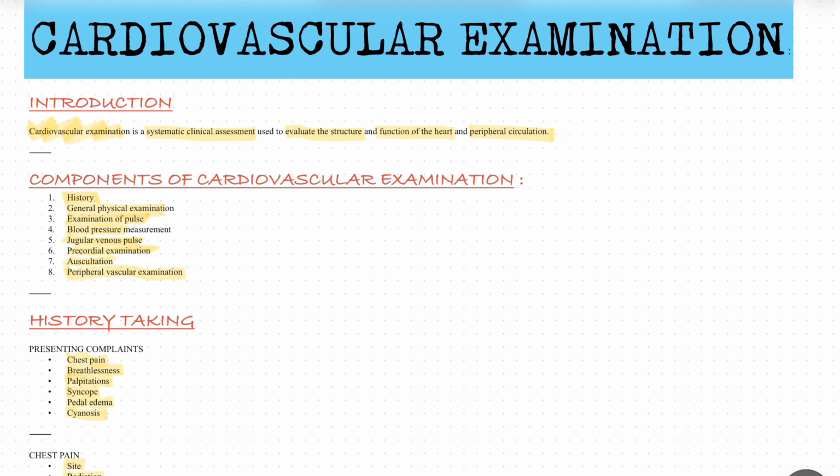So we learned briefly about history, then general physical examination, pickle, pulse, 7 components, then blood pressure measurement, supine or sitting, and on the right or both hands you can monitor. I prefer the right hand. Then coming to JVP, various waveforms and right atrial significance. Then precordial examination.